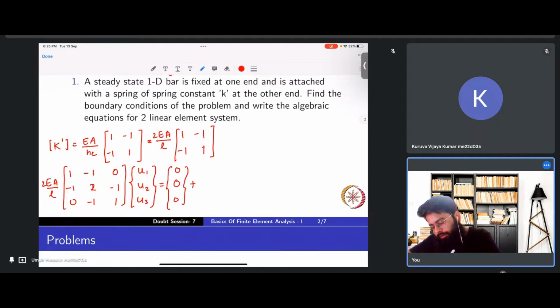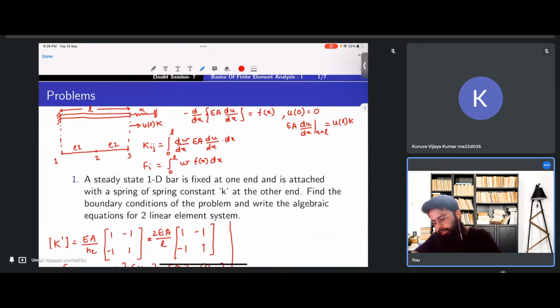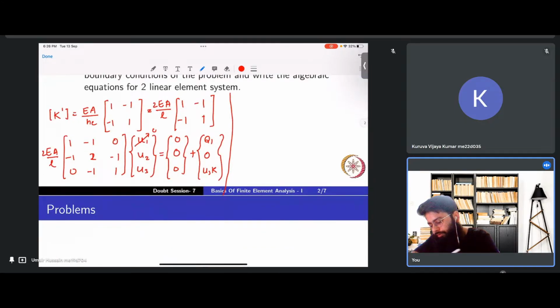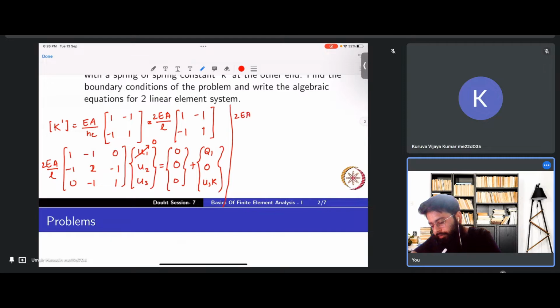And what about Q? At the first node we don't know Q. At the second node we don't have any net force, and at the third node we know it is U3 times K. So applying the displacement boundary condition, we know that U at 0 equals 0, so we can put this to be 0, and then the reduced equation would be 2EA by L [2 -1] times U2, with 0 on the right side.